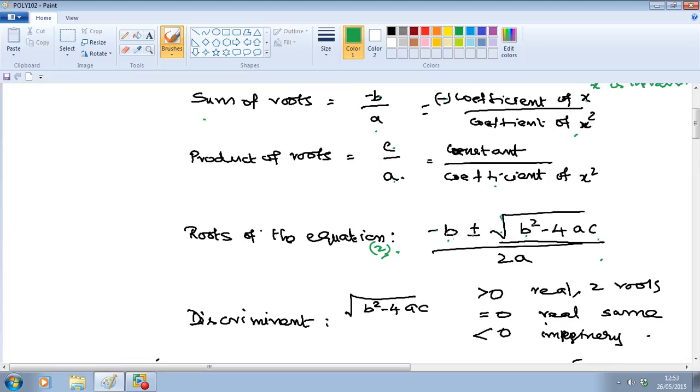The other root is minus b plus that root. One is minus, another is plus. So there are two roots generally. This b² − 4ac is called the discriminant. This factor discriminates these two roots.